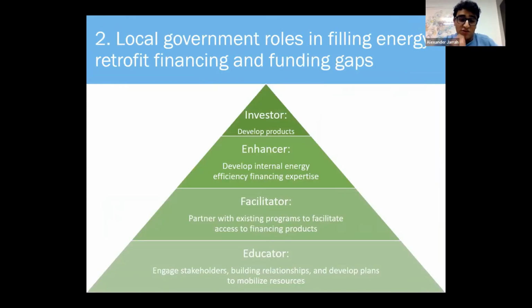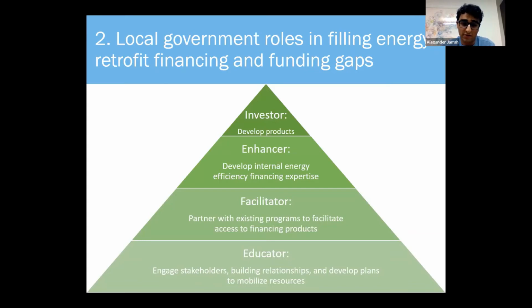In the second section, we highlight different roles local governments can fill, and it's important to note that each of these roles builds on each other. So at the bottom, we have an educator. The purpose here is to engage stakeholders, build relationships, and develop plans to mobilize resources and incentive offerings.